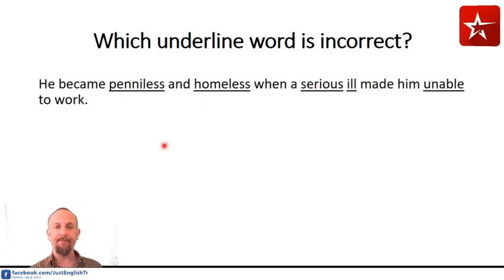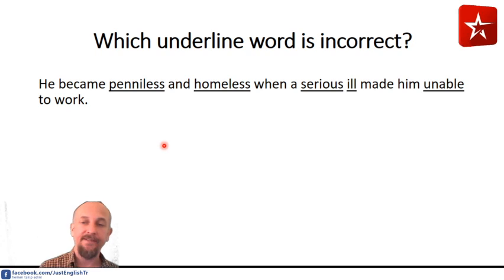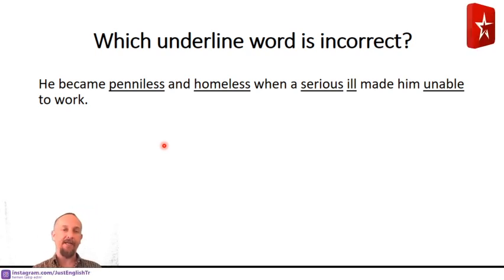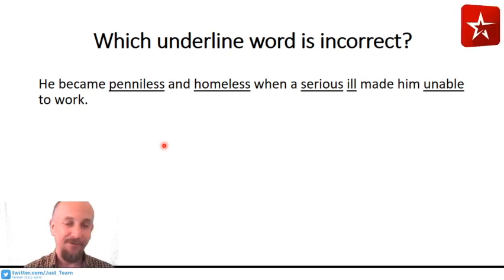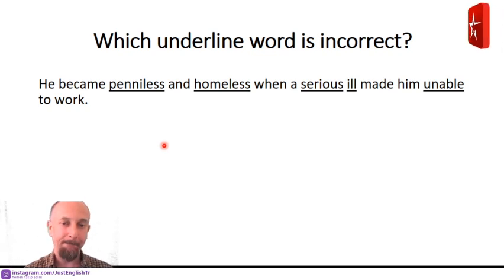Okay, he became penniless and homeless when a serious ill made him unable to work. Which one now? Good. You're all doing very, very well. A little bit more tricky. I'll read it one more time.